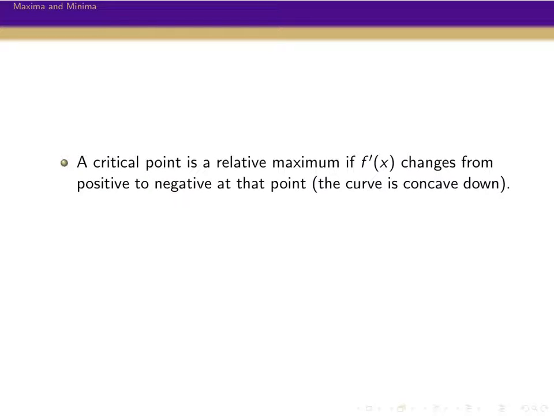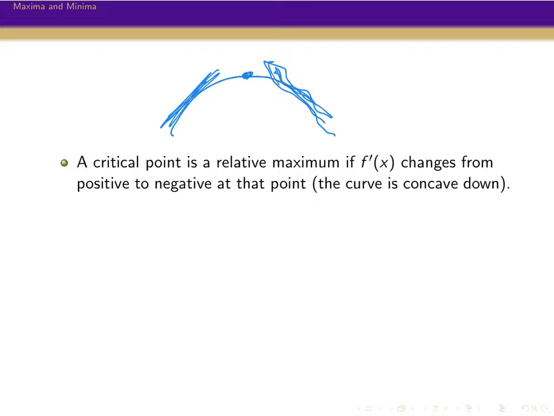Okay. So now that we have critical points, how do we tell if it's a relative maximum, relative minimum, or neither? Right. So a critical point is going to be a relative maximum. Well, if it's a relative maximum, remember it looks like that around there. So the slope coming in to the left is going to be positive, and then the slope going away has to be decreasing, so it has to be negative.